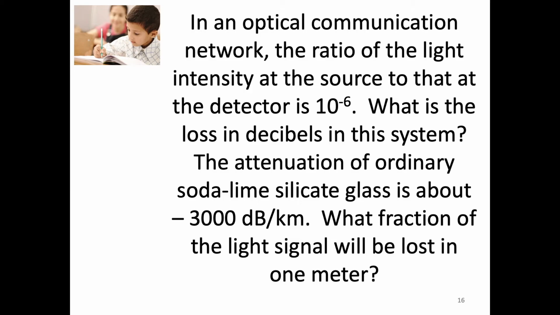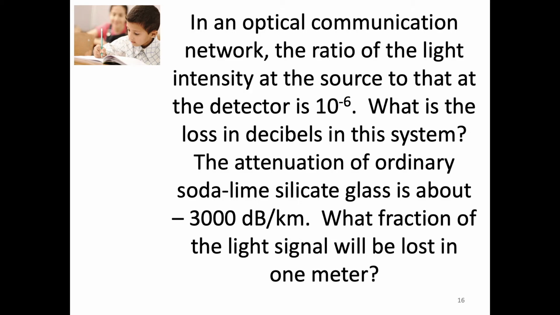And then imagine we have an attenuation of ordinary soda lime glass, and I'm giving you the attenuation there. For that one, see if you can calculate what fraction of the light signal will be lost over 1 meter. So this is essentially in terms of distance, whereas this first one is just looking at decibels. So take a minute and see if you can solve those two questions.